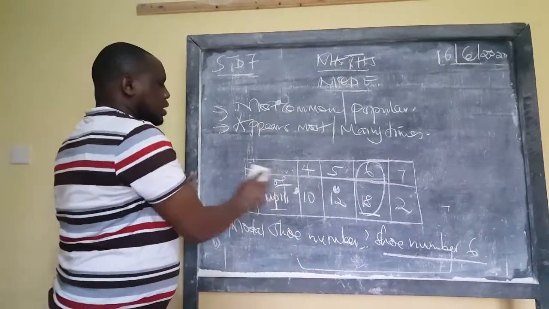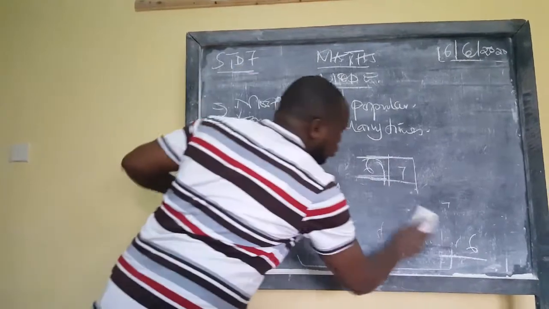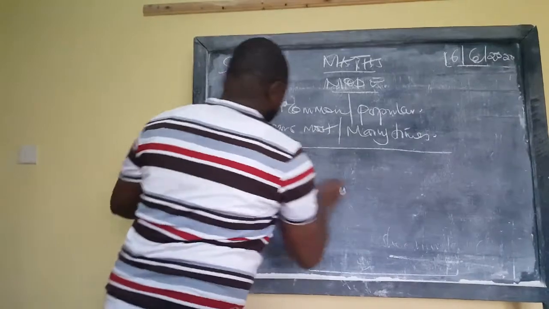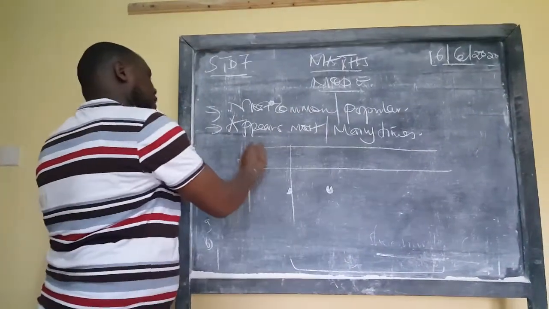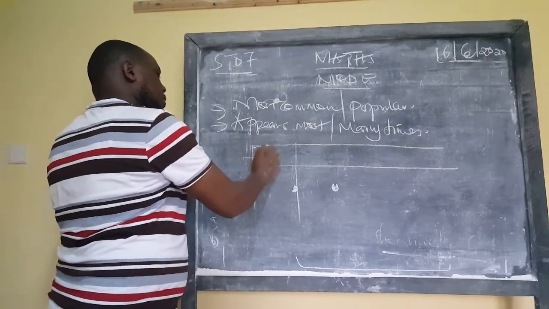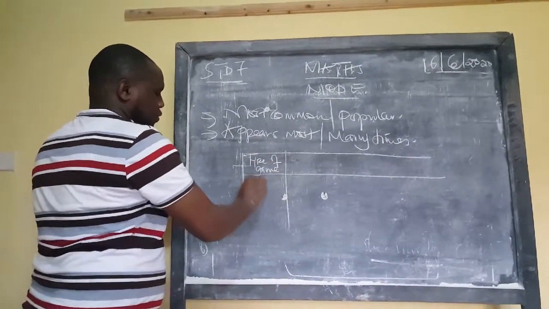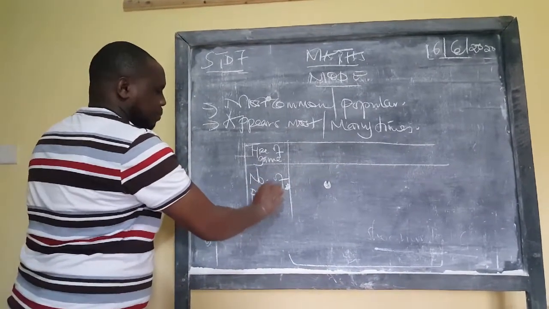In this case, I'll draw another table here to show you what mode is. So we have the type of game, and the number of pupils who play that particular game.